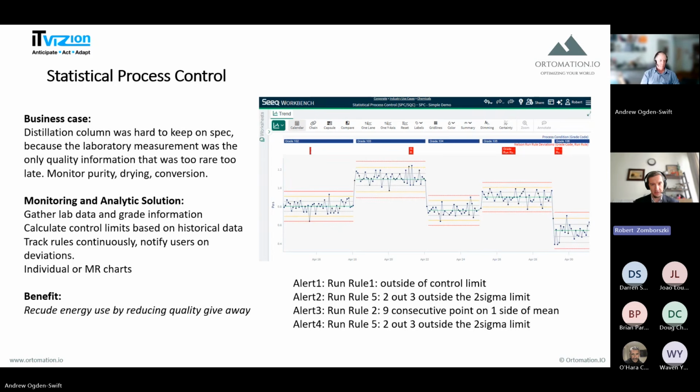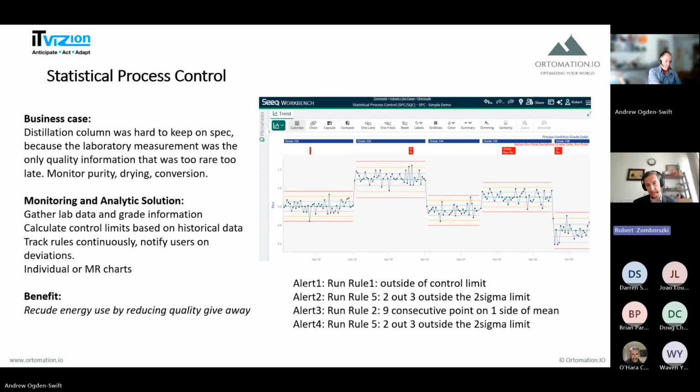For example, here on the screen, the alert number 2, the second red column, is, for example, 2 out of 3 consecutive samples are outside of the 2/3 of the control limit. That is a low probability event, so it shows that our control is going in one direction, or the samples are going in one direction, so we have to take action, and it alerts before we are reaching the limit.